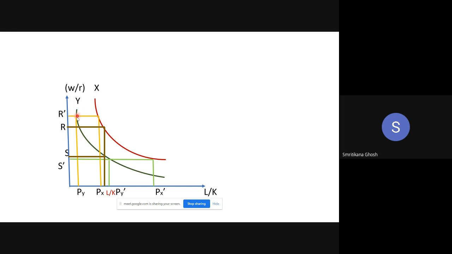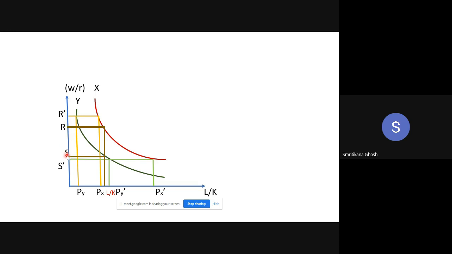Labor by capital demanded in the Y sector is represented by PY. Is it okay? Think about it. I'm claiming that the wage rental ratio should be within RS.